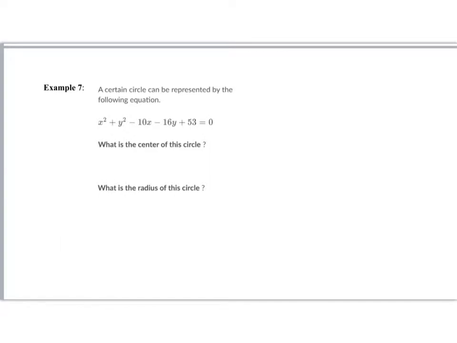We're going to do the exact same thing again, and we're going to isolate our x's and our y's and take that puppy over to the other side. So I'll do my x's first, x squared minus 10x, and then my y's, y squared minus 16y, and that's going to equal -53. So here, this is going to be half of -10.